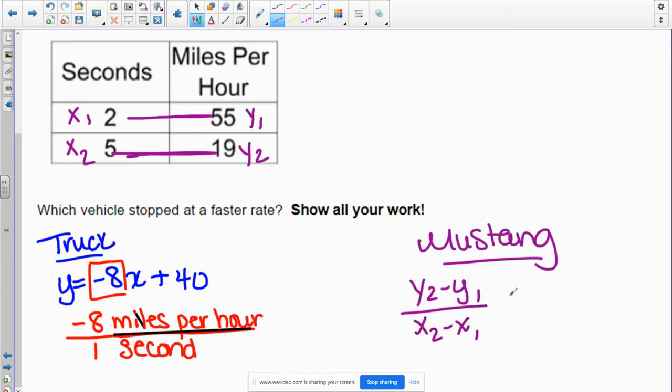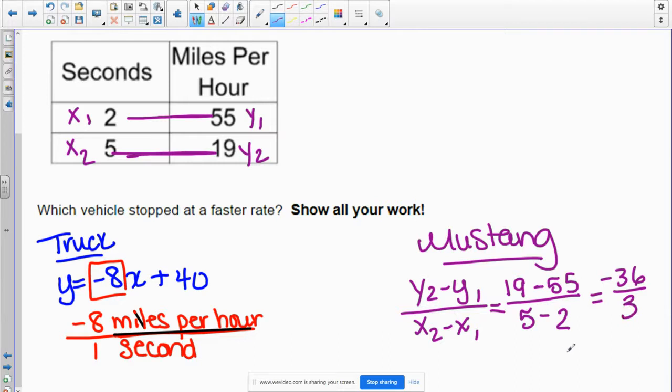So y2 is 19 minus y1, which is 55, over x2, which is 5, minus x1, which is 2. So 19 minus 55 is negative 36, and 5 minus 2 is 3.